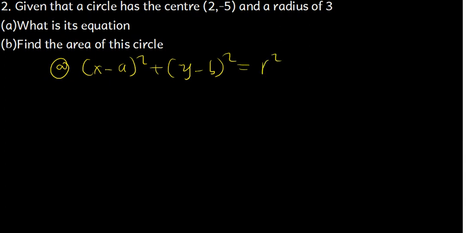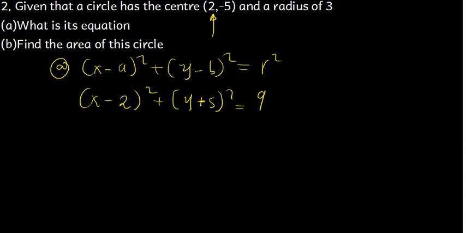So all we do is put in the value of x, that will be (x − 2)², plus (y − (−5))². Negative by negative 5 will give us a positive 5, squared. And then our radius is 3, and 3 squared is 9. So this is the equation of this circle.